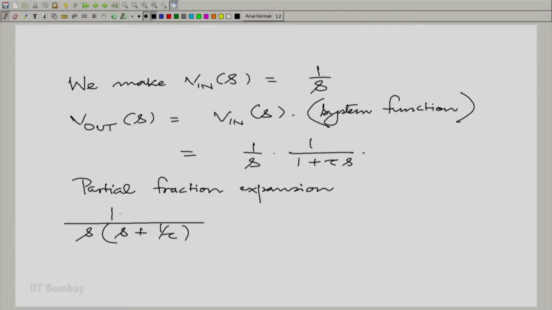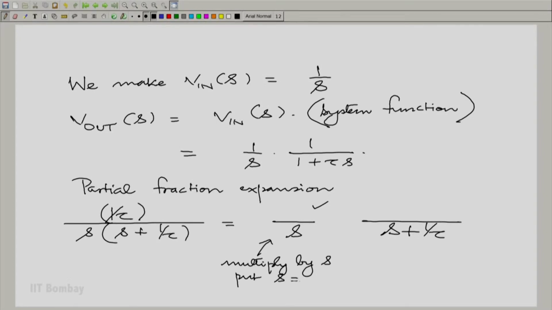So, divide numerator and denominator by tau: 1 by tau into 1 divided by s into s plus 1 by tau. And this can be expanded as something divided by s plus something divided by s plus 1 by tau. And to get this, we multiply by s and put s equal to 0, whereupon we would have 1.